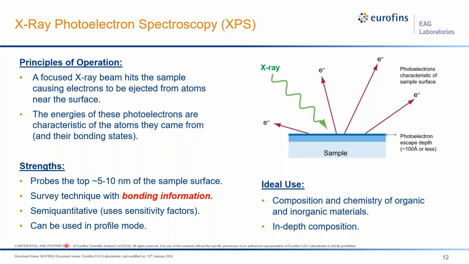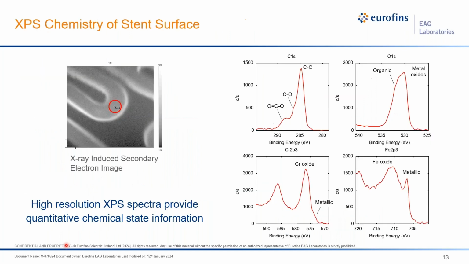I mentioned the depth profiles. I have an example of XPS data here. This is analysis of a stainless steel stent. In this case, the analysis area was many tens of microns in size. From an XPS standpoint, this is a very small lateral area to analyze. XPS is normally analyzing many hundreds of microns laterally at once.